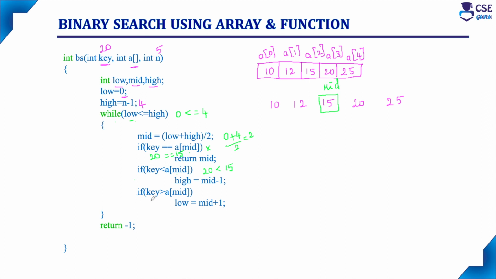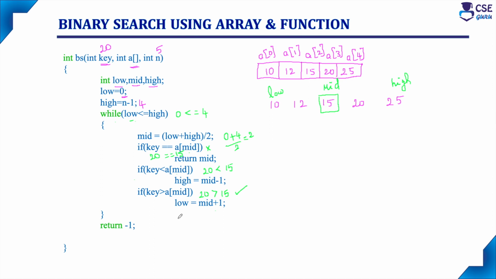And here it will check whether the key element is greater than A of mid. So the key element 20 is greater than A of mid, which is 15. Yes, this condition is true. Now low is equal to mid plus 1. So this is low and this is high, previously. Now this if statement condition is true: the key element is greater than the mid element.